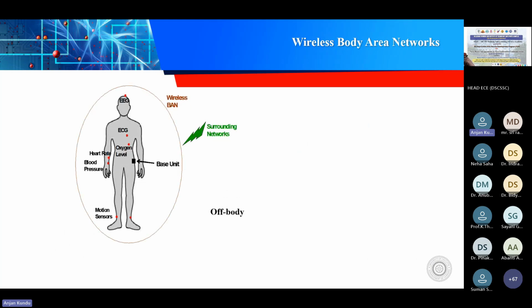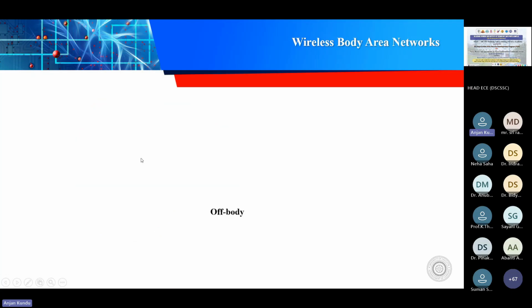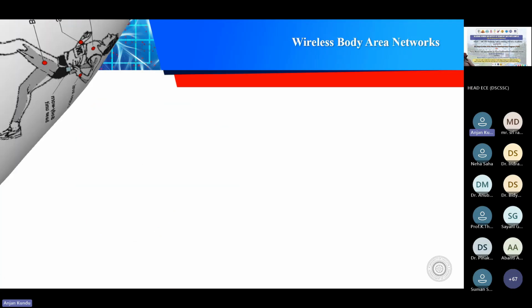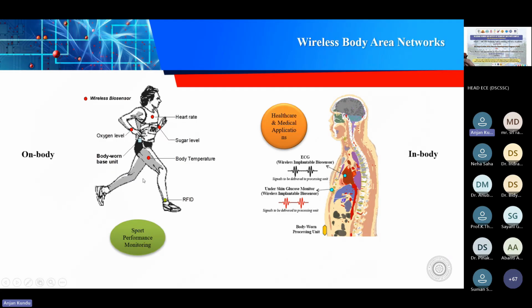Now the off-body. Off-body WBAN means the communication in case of on-body. Where is the on-body? This is the on-body. So we have a body-worn base unit which is collecting the data from the on-body sensors. Now this body-worn base unit will communicate with the external world. That communication is known as the off-body communication or off-body IoMT.